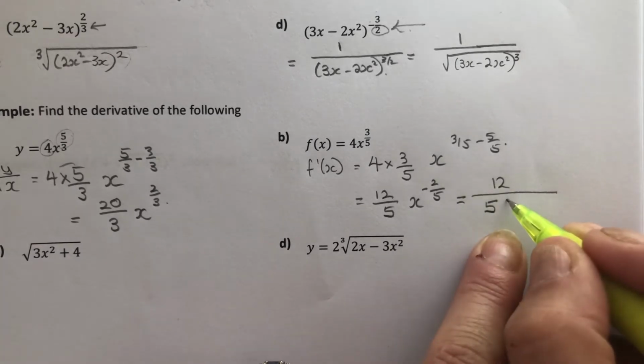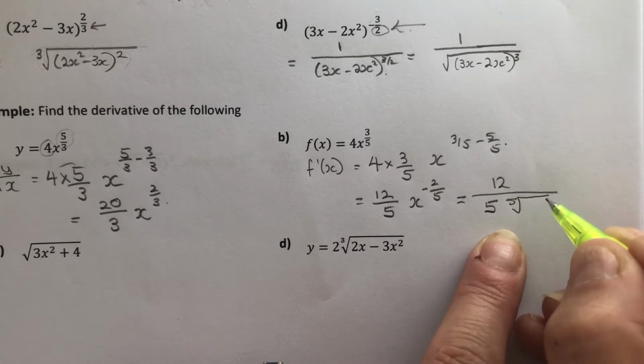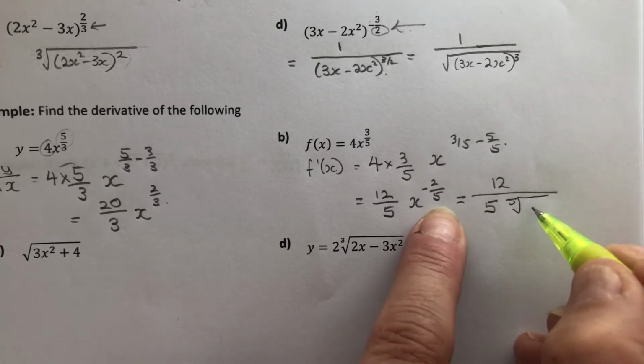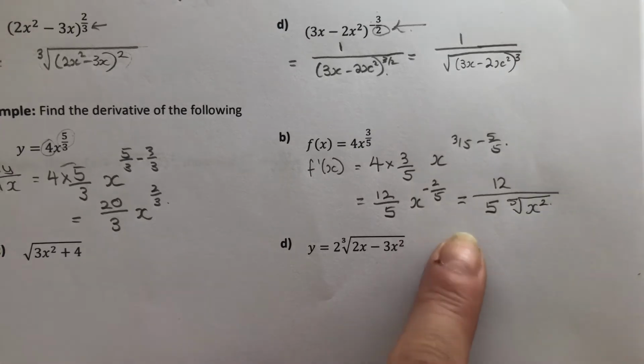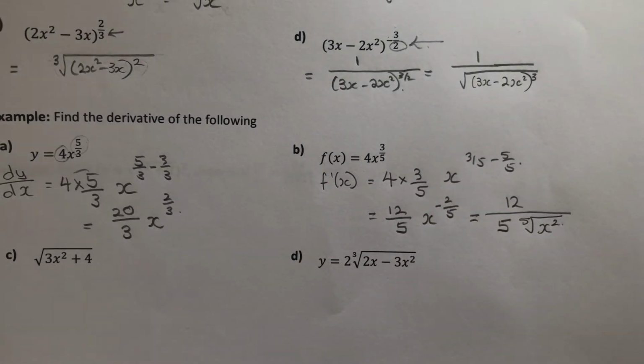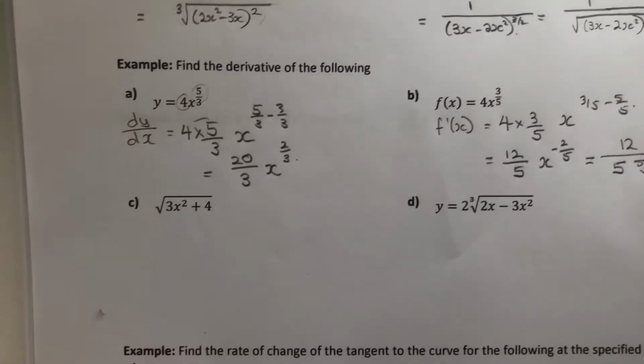So underneath we'll have the 5th root, and under the root sign we'll have x squared. All right, let's keep going.